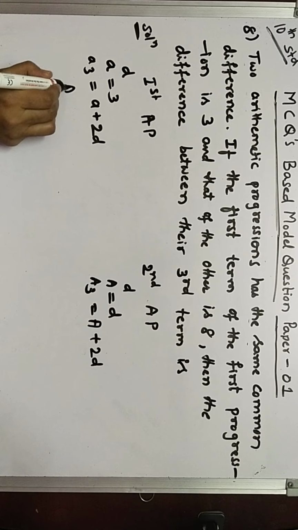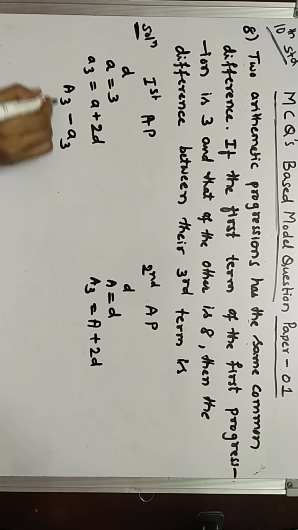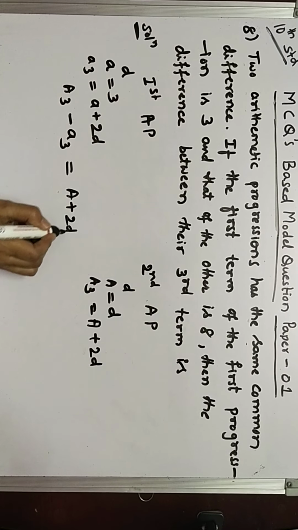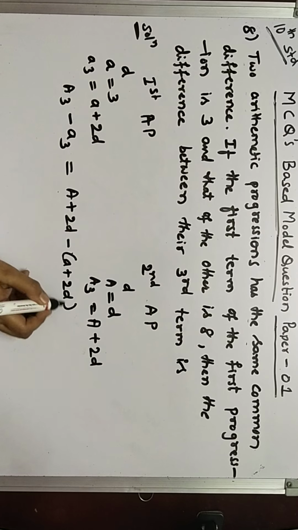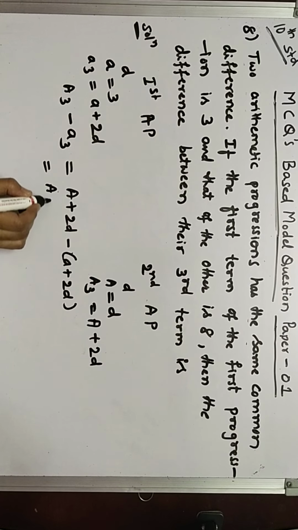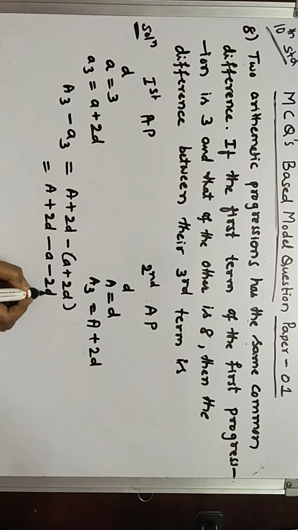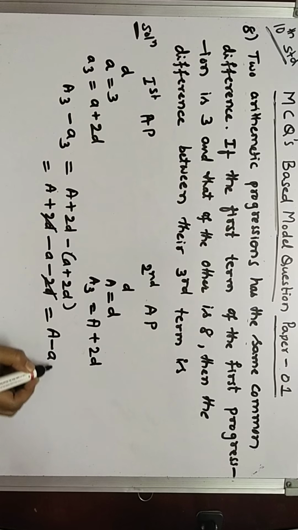Now the difference is A3 minus A3. Both the third terms I am taking. So A plus 2d minus a plus 2d. So it is A plus 2d minus a minus 2d. These two are the same, no? So the remaining thing is A minus a.